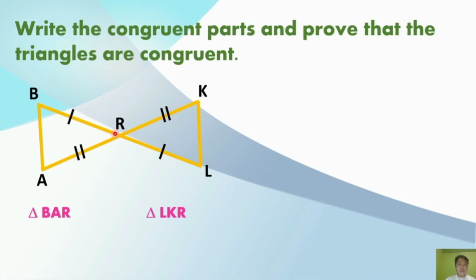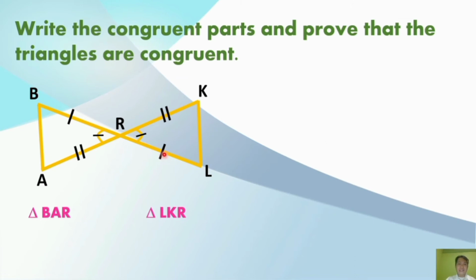intersect. So, nagkaroon ng intersection yung dalawang line segment na to. Therefore, this angle here and this angle here are vertical angles. And we know that vertical angles are congruent. So, therefore, we now have 3 pairs of corresponding parts that are marked congruent. And what are those parts?